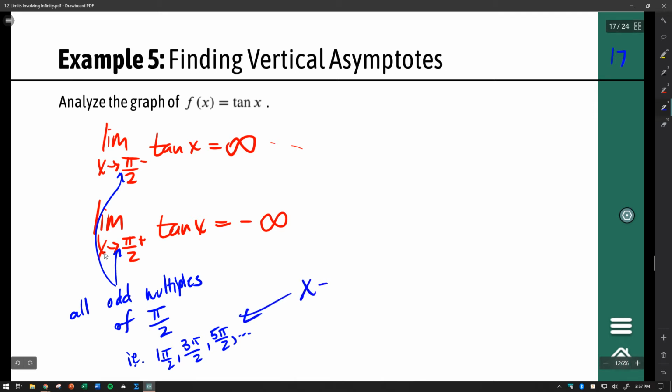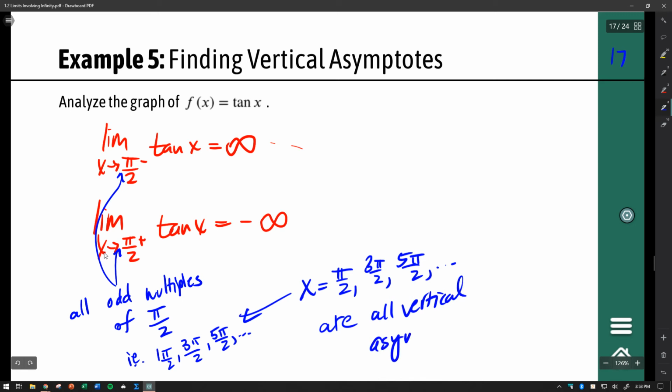So x equals pi over 2, 3 pi over 2, 5 pi over 2, and so on are all vertical asymptotes.